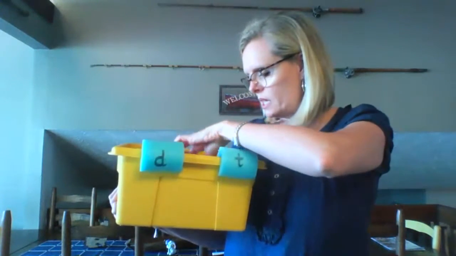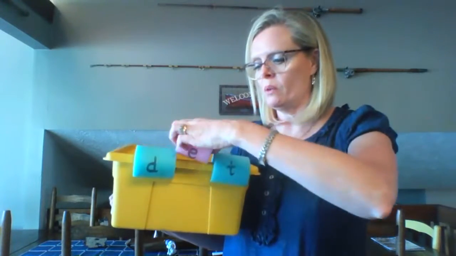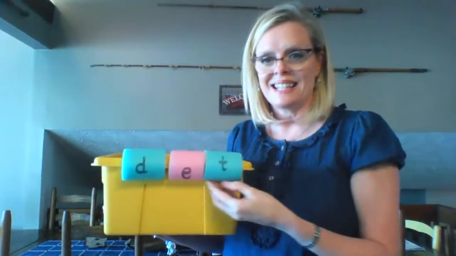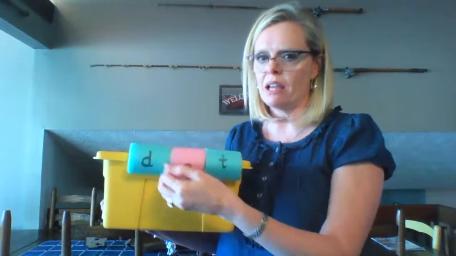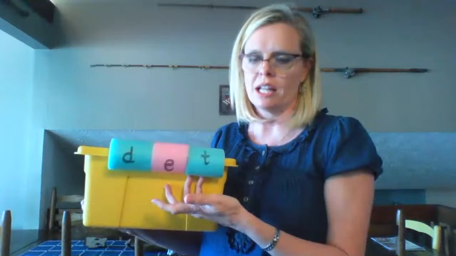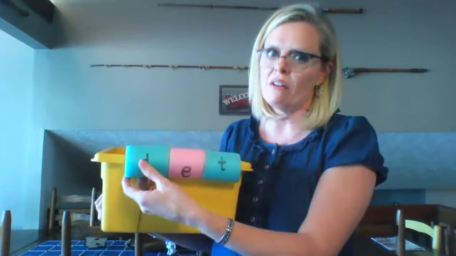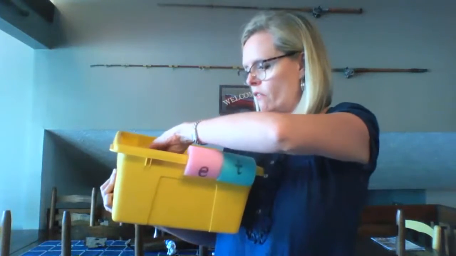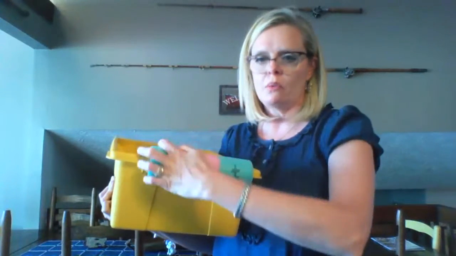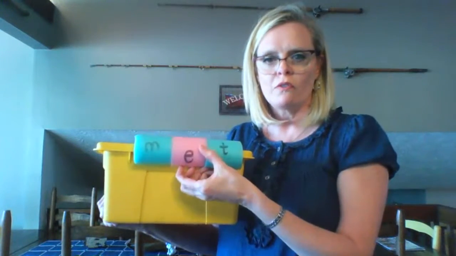Now, if I wanted to put in a different one, and this is debt, and you would say, okay, well, this isn't the debt like I owe money because I'm missing a letter, and you could kind of talk to them about it. They probably aren't ready for that. But they would say, oh, that's a nonsense word. Take that one off and put another one, and now we have met. So these are your word families.